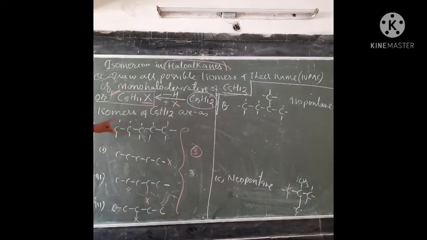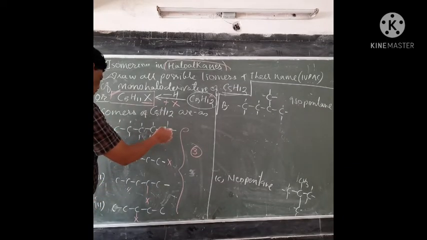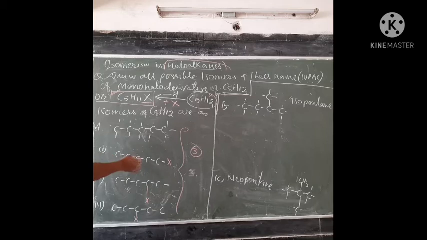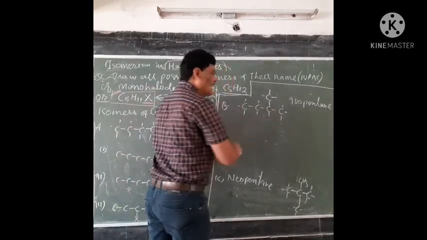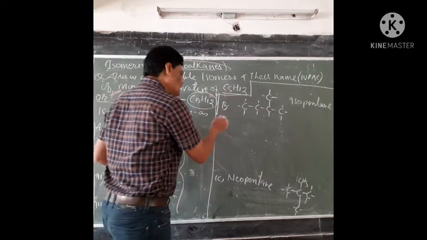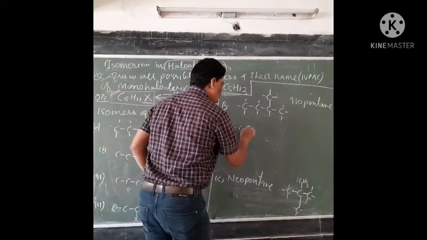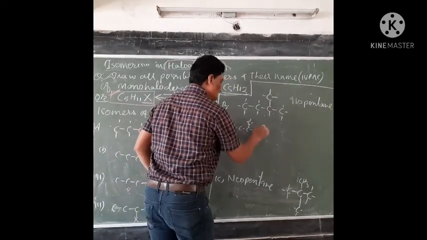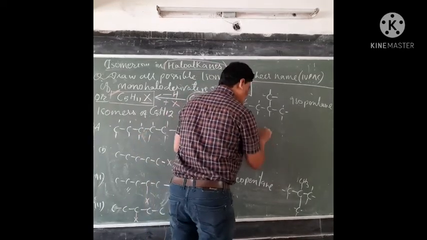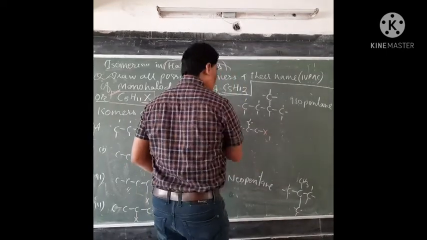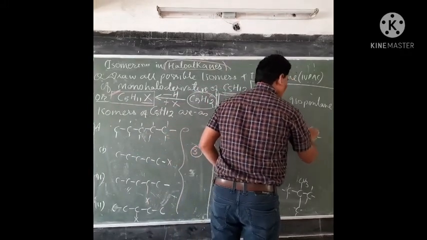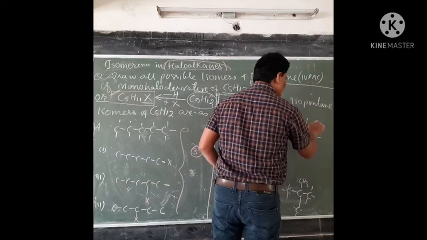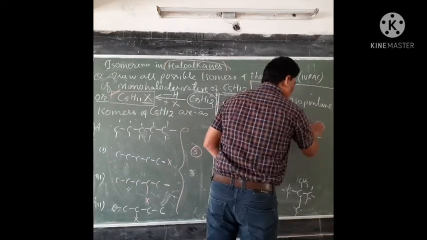Now for isopentane, start placing X in each and every possible place. How many possibilities are there? 1, 2, 3, 4, this is CH3, place X here. This is one possibility. Number 2 is 1, 2, 3, and 4, this is CH3, and now place X here.